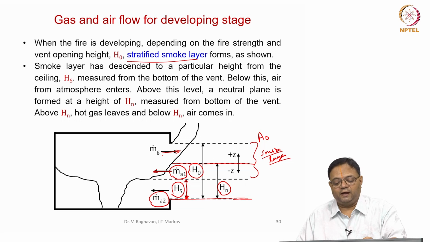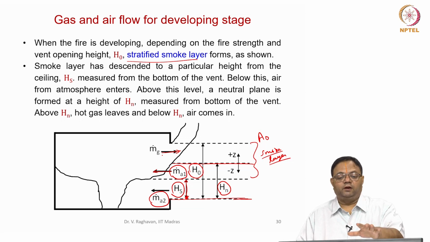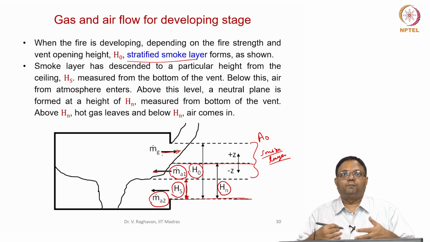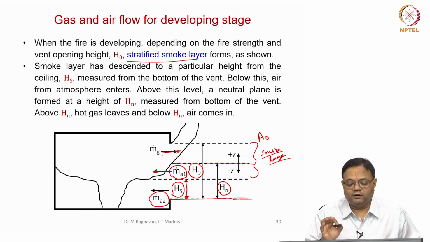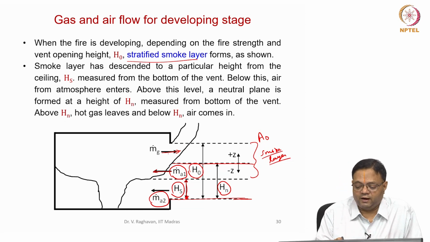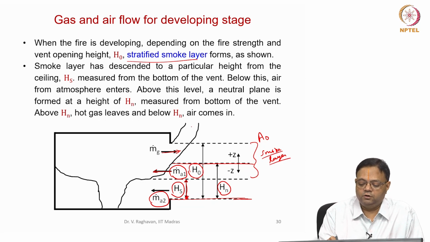In this stage, this is actually not a steady fire, it is a developing stage. So at a given time instant, we can say that there is a location for the neutral plane. Based upon that, there is a flow rate of gas out and air coming in within the smoke layer.